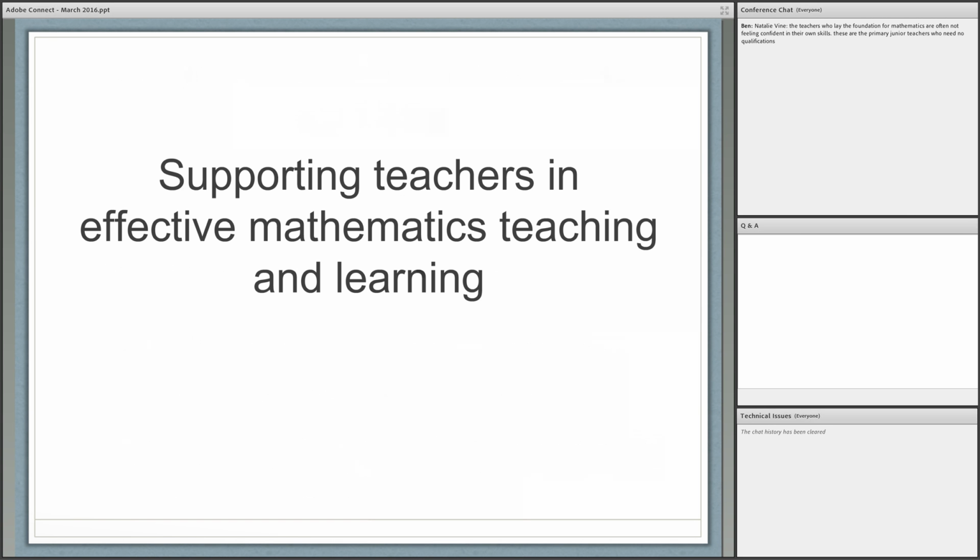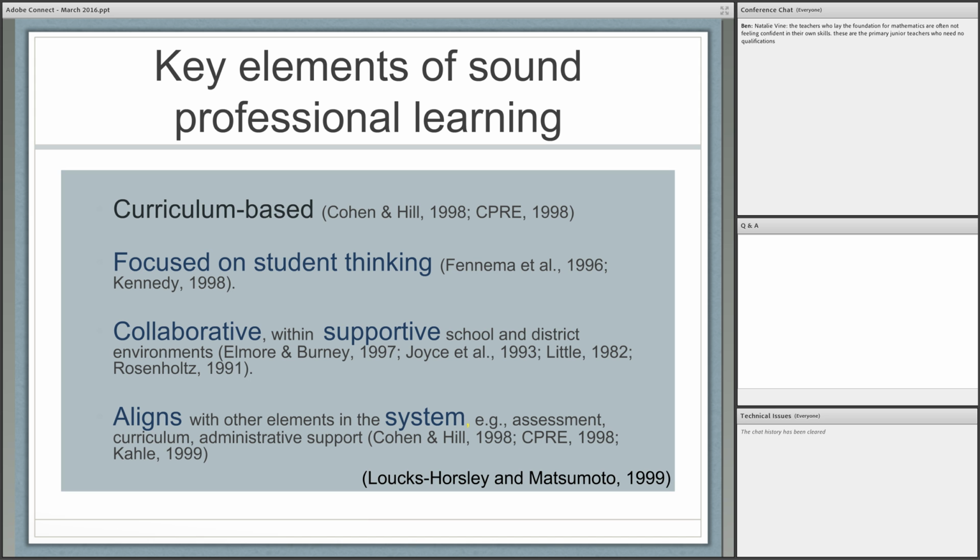So, what are ways that we can support teachers in effective math teaching and learning? So I just want to go through, first of all, some key elements. And these key elements are actually drawn from research on professional learning for math and science teachers. So this is specific to math and science. So kind of four things. One is that it should be curriculum-based. And what that really means is not just the curriculum document, it means it should be math-focused.